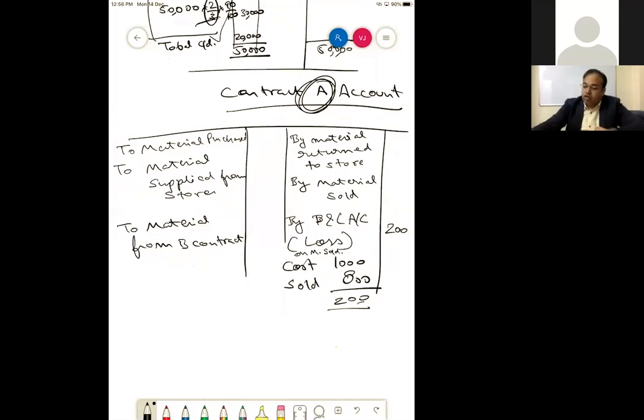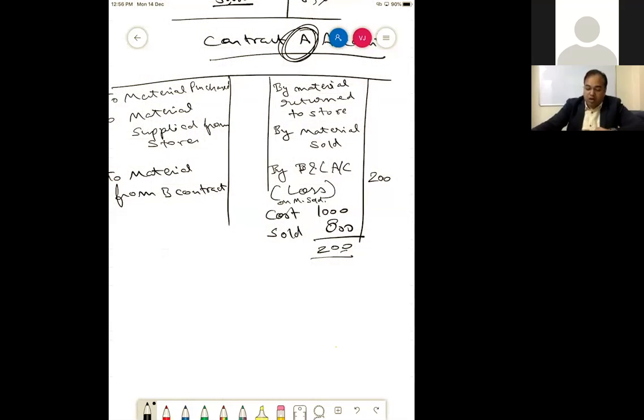And you also transfer to PL account if any material is stolen or destroyed. For example, you know that from site, materials are even stolen, then that also can be treated in your account books. You write down by PL account "to material stolen".